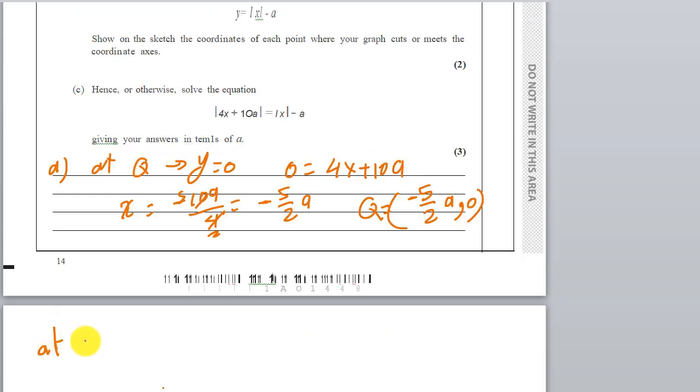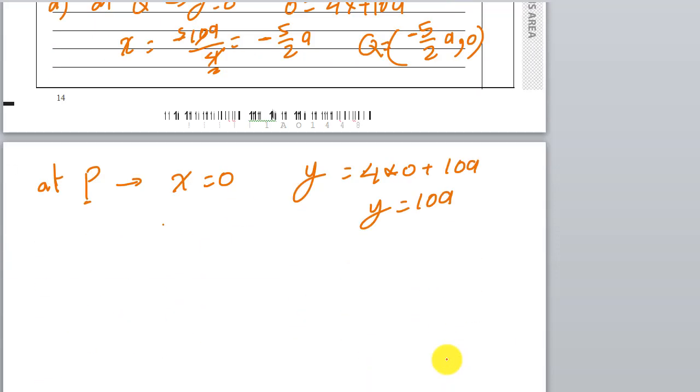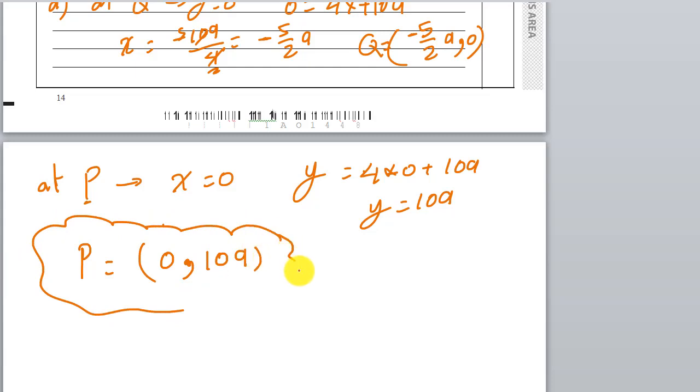At B, x equal to 0. So y equal to 4 multiplied by 0 plus 10a. So y equal to 10a. So the coordinate of B is 0 and 10a. Okay, and this is the answer of this question.